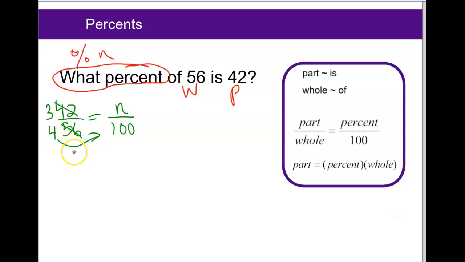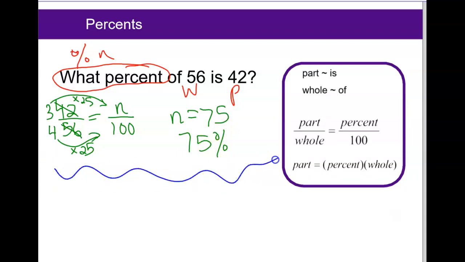If I multiply 4 times 25, I get 100. So I can multiply 3 times 25, and I find out that n is equal to 75. So 75% of 56 is 42. That makes sense. Our answer is 75%.